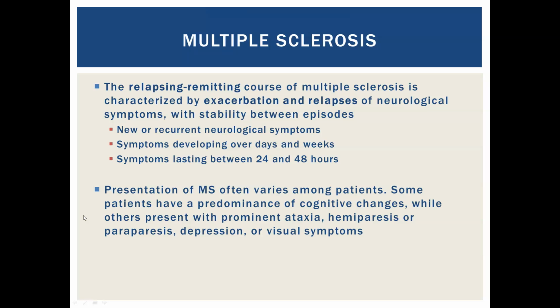We can see clients that have some cognitive changes, while others have ataxia or issues with movement, hemiparesis, paraparesis, depression, and again, visual symptoms. A lot of this is going to be based upon health history, getting information from the client, and then we'll look at some of the other diagnostic tests that we can use to look for that plaque formation.